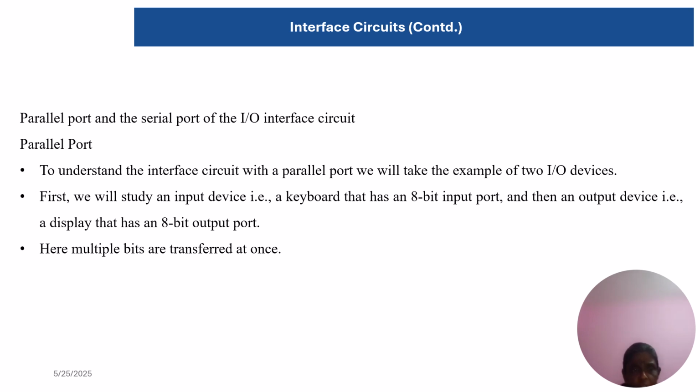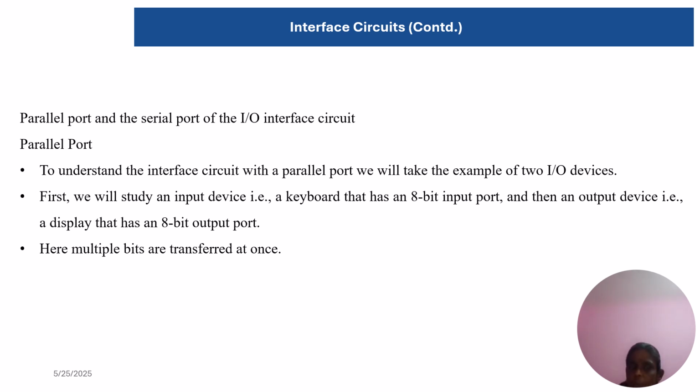So first, the parallel port. To understand the interface circuit with the parallel port, we will take the example of two I/O devices. First, an input device, that is the keyboard, that has an 8-bit input port, and then an output device, that is a display, which also has an 8-bit output port.